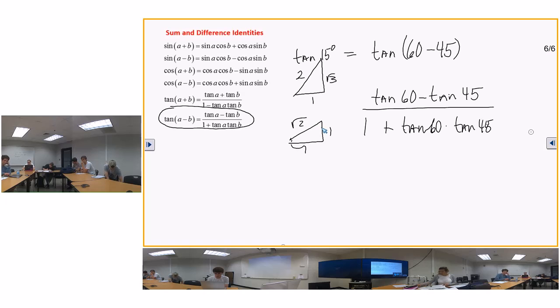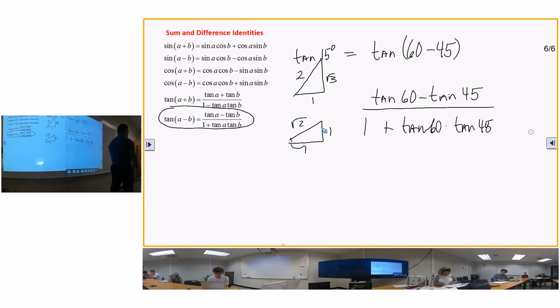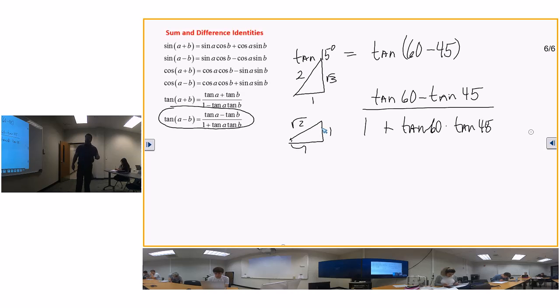So the good thing about the tangents is, once you pick the one or two, you just have to plug and chug, the sum and difference, once you find them.